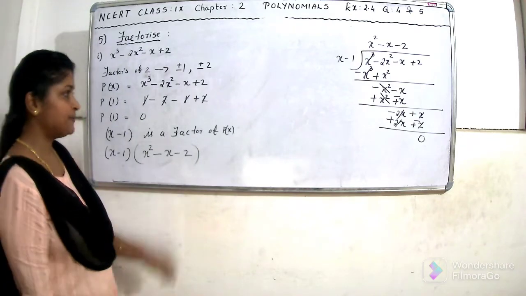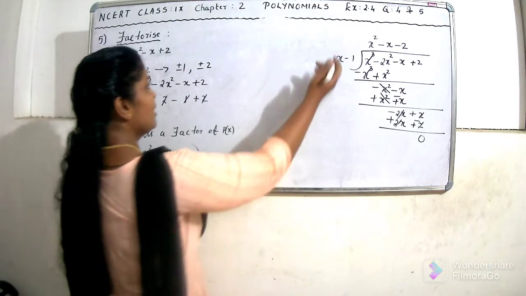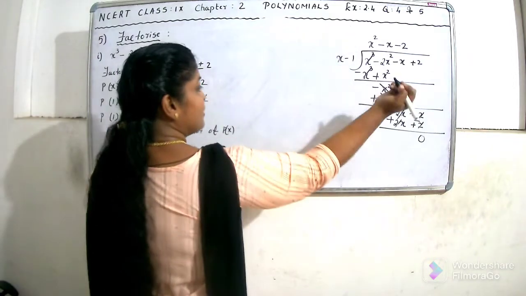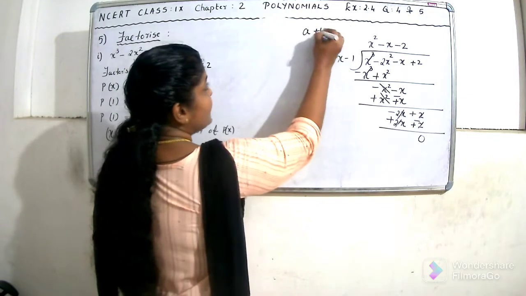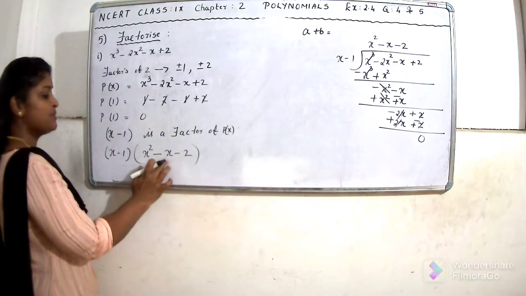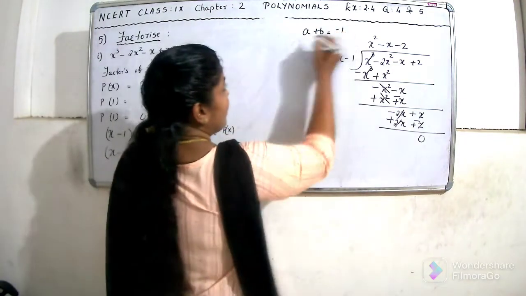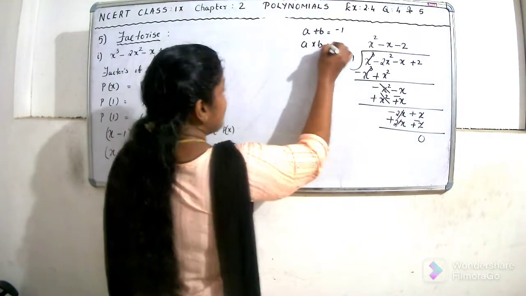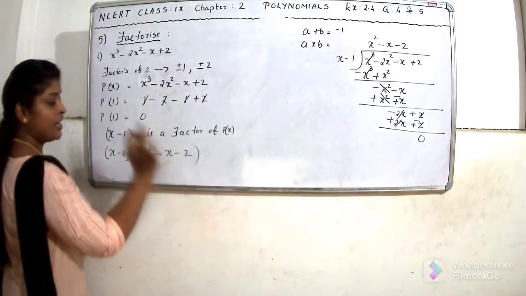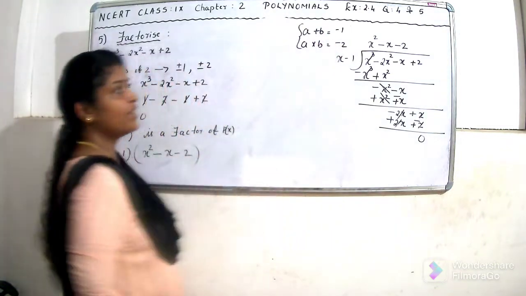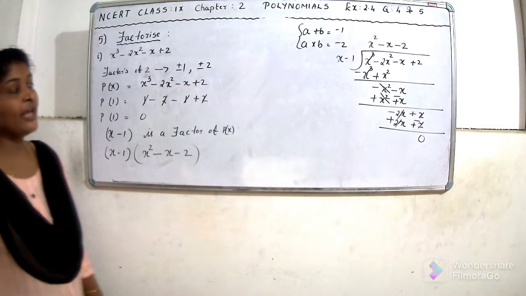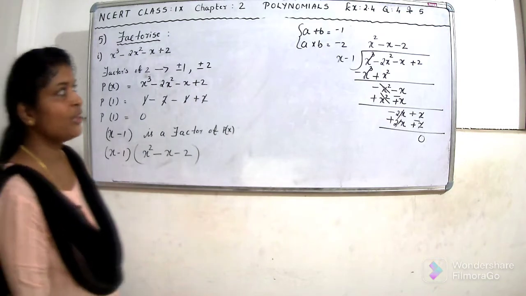So let us start. I am writing that a plus b should be negative 1 and a into b should be negative 2. So we have to take the factors of negative 2.